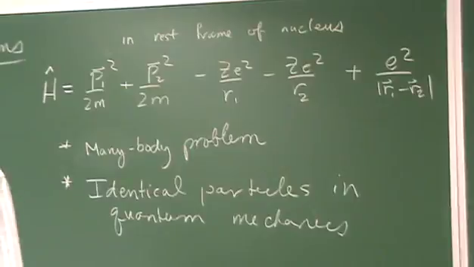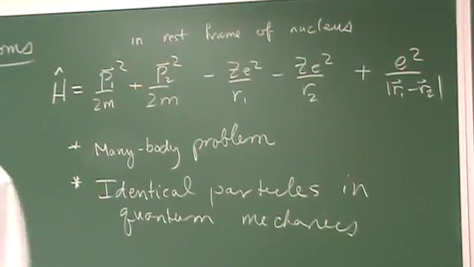The 3-body problem, of course, we know is not even solvable classically. We cannot solve for the exact dynamics of 3 bodies interacting, say, through a gravitational potential. It's not an integrable problem. Generally, there's chaos associated with those classical dynamics. So it's no surprise that there's not an exact quantum solution to this either.